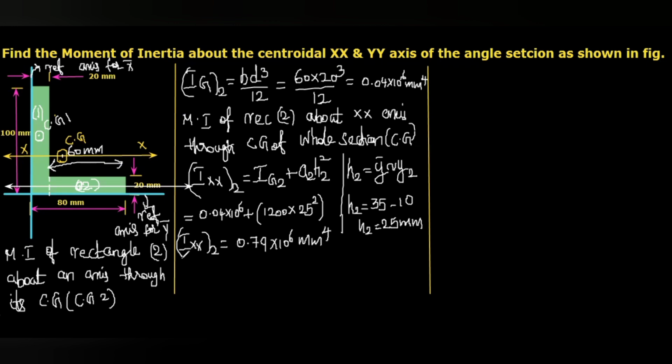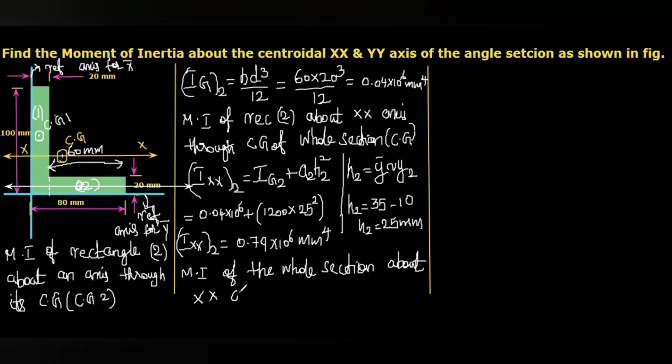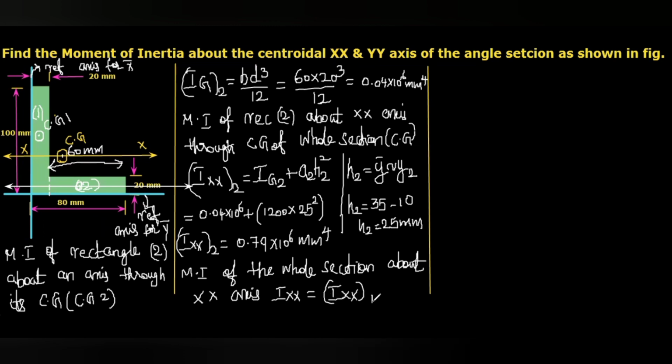Okay. Then moment of inertia of the whole section with respect to the axis, about the axis, that is xx axis. Okay, that is Ixx, that equal to Ixx1 plus Ixx2.